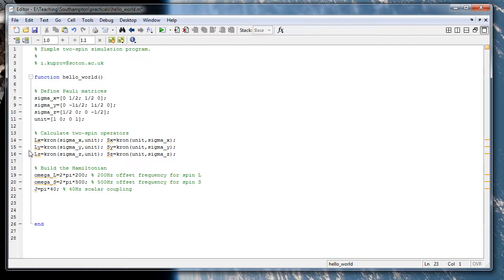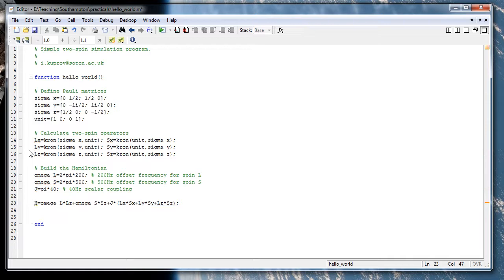Okay, so we can now put the Hamiltonian together. H equals omega L times Lz plus omega S times Sz plus J times the scalar coupling operator. And the scalar coupling, as you remember, is Lx times Sx plus Ly times Sy plus Lz times Sz.